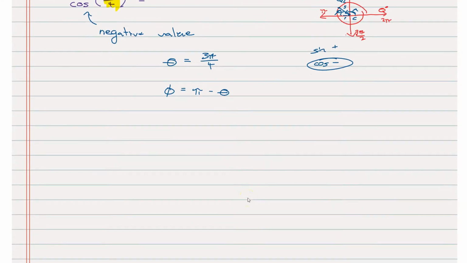So to work out the interior angle, we're going to get phi equals pi minus 3 pi over 4, and this will become 4 pi over 4 minus 3 pi over 4, and that will be pi over 4. So our interior angle is pi over 4.